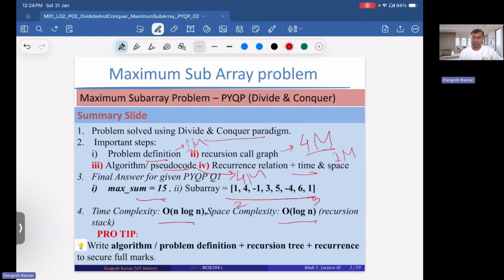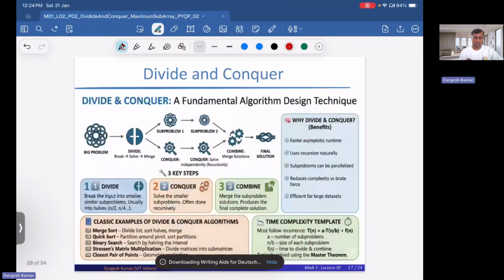So as a pro student, I will try to write the algorithm, problem definition plus recurrence relation and time and space complexity first, and then I will draw the recursion tree to secure the full marks. Okay, so these are the properties of divide and conquer.